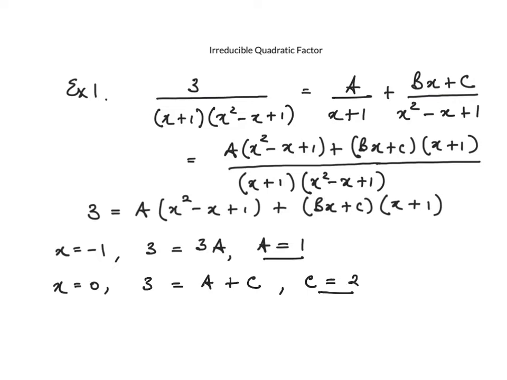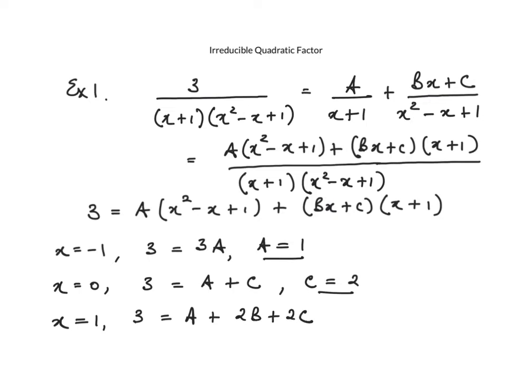The last thing to do is to choose any other simple value of x. So 3 equals, what do we have then? We've got 1 plus 1 is 2 minus 1 is 1, 1a, plus 1 plus 1 is 2, so it's 2 lots of b plus c, or 2b plus 2c.